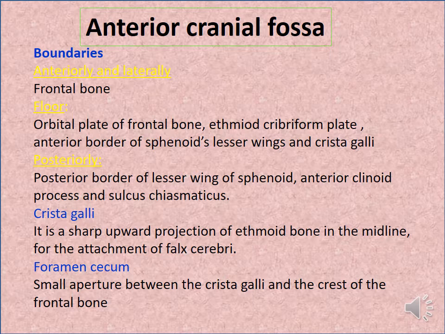We have the crista galli. It is a sharp upward projection of the ethmoidal bone in the midline of the cribriform plate of the ethmoidal bone for attachment of the Falx Cerebri. We have one foramen called the foramen cecum. It is a small aperture between the crista galli and the crest of the frontal bone.